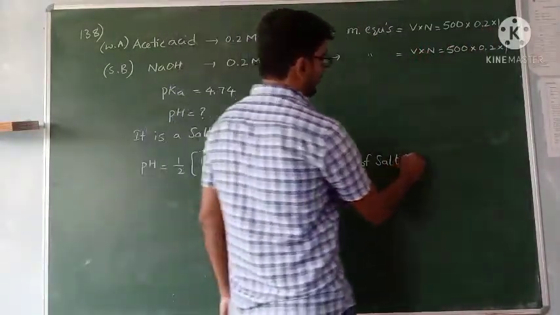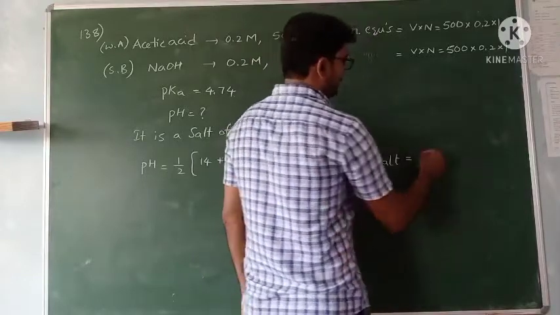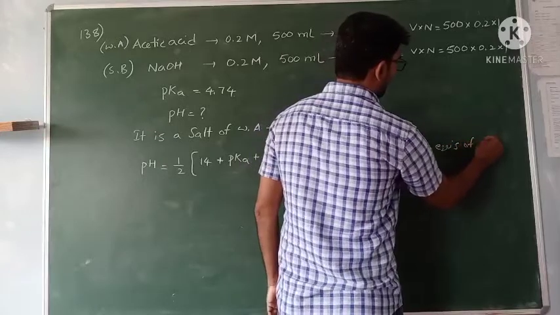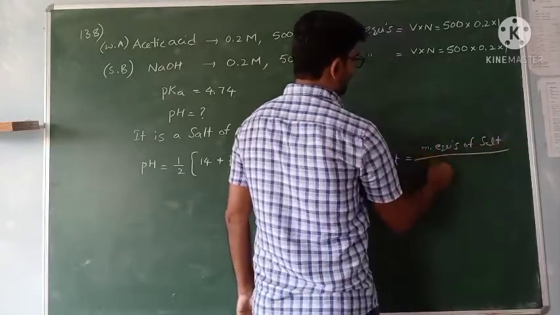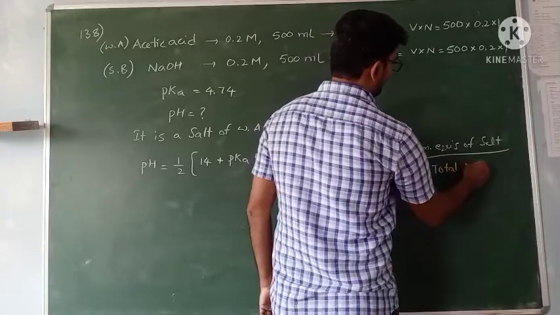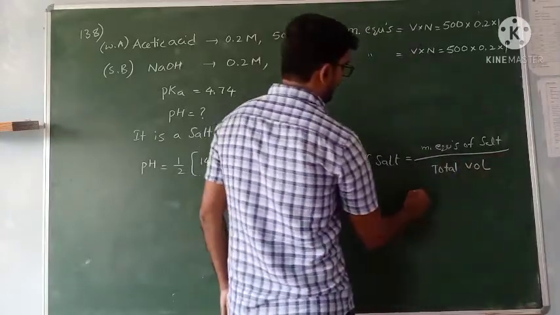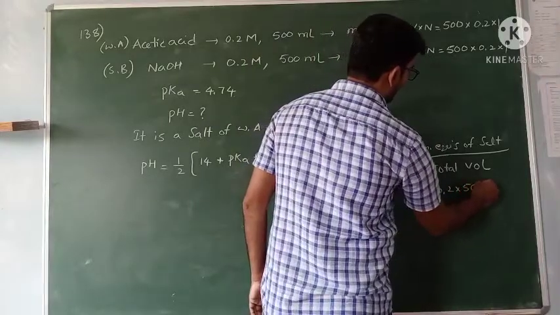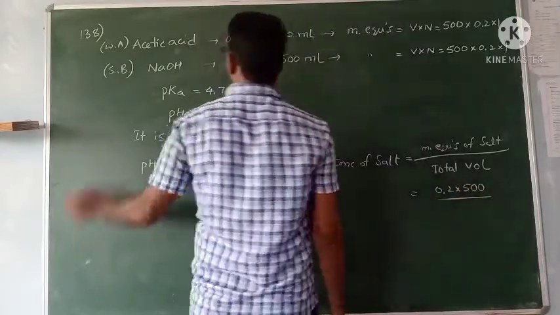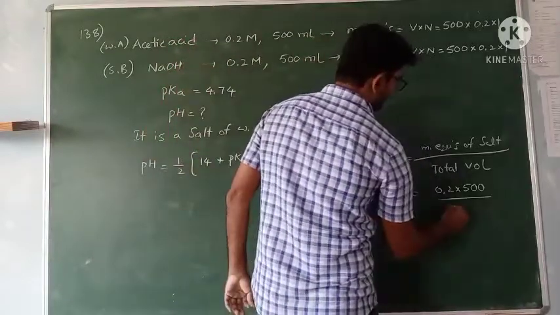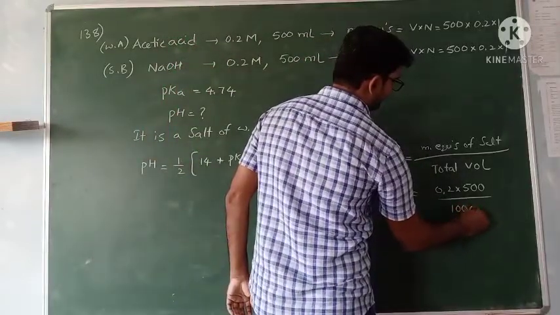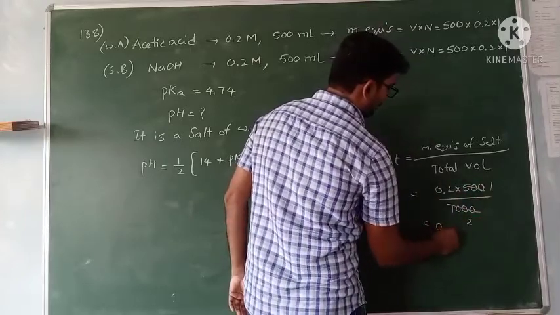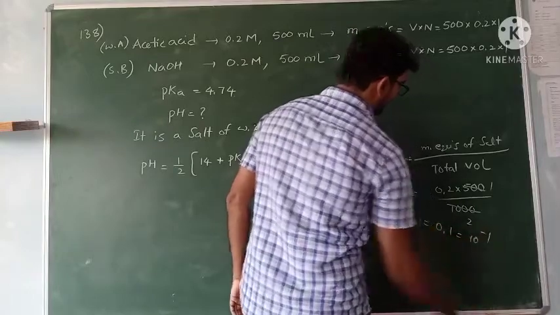So concentration of salt is equal to milliequivalents of salt by total volume. Milliequivalents of salt means 0.2 into 500. Total volume, this is 500, this is 500, so total 1000. So 500 ones are 500, twos are 1000. 0.2 by 2, 0.1. 0.1 means 10 to the power of minus 1.